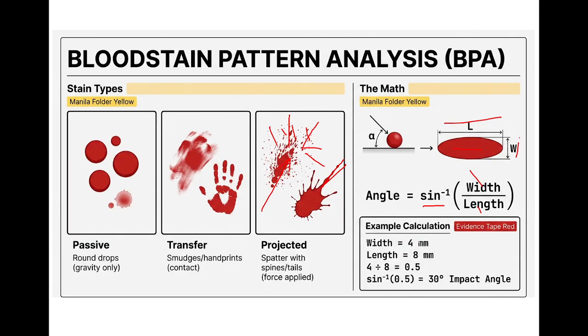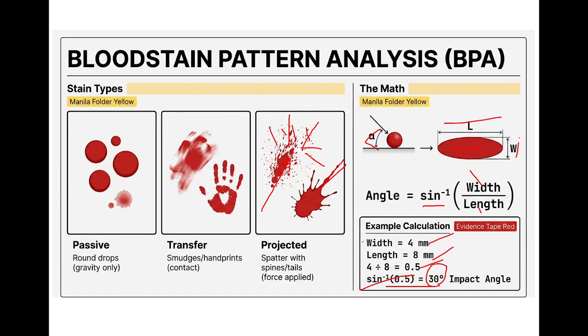For example, if a drop of blood, a spatter, a smudge, any type of blood has a width of 4 millimeters and a length of 8 millimeters, we get W over L equals 0.5, we take the inverse sine, we get a 30 degree angle. So the impact angle is 30 degrees. That explains from which side this blood was spattered.